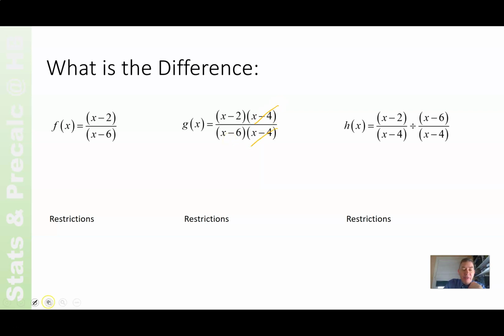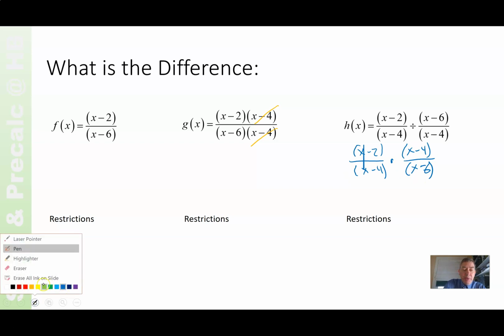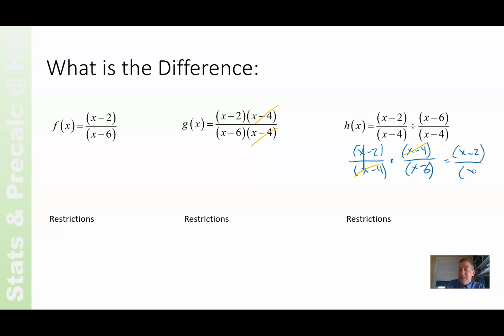And the third one, h, if I do the division, x minus 2 divided by x minus 4 times x minus 4 over x minus 6, do the cancellation again, and it's the same as x minus 2 over x minus 6. Same as before. They're all looking exactly the same.